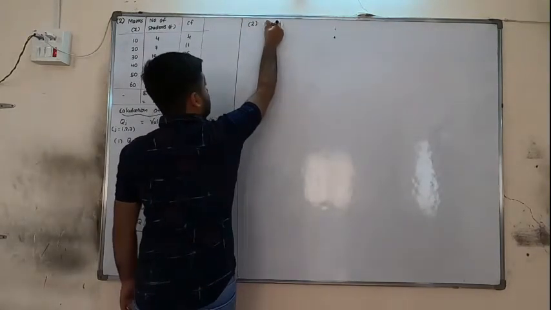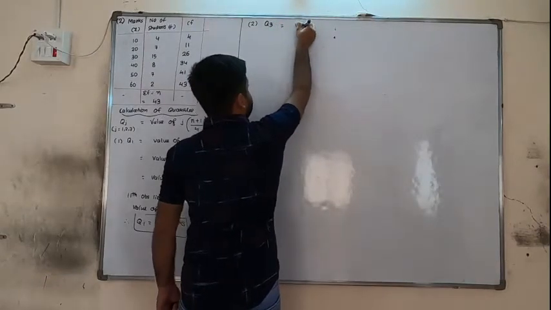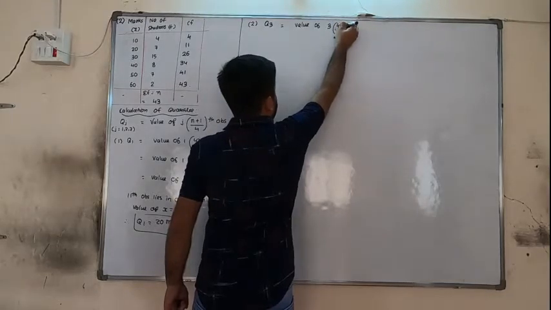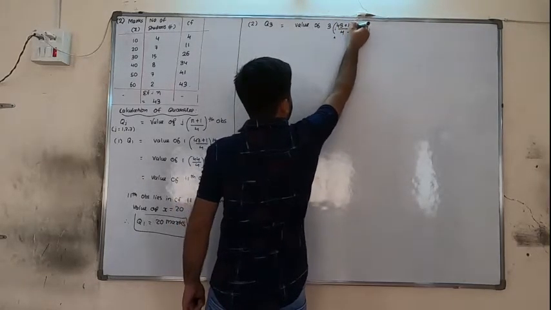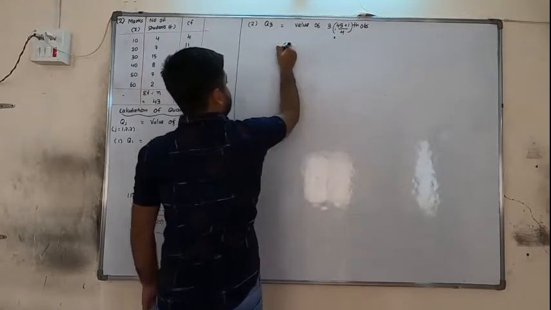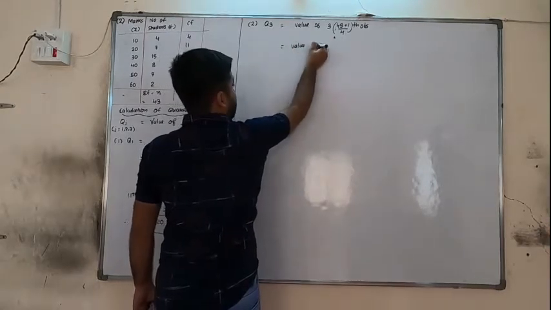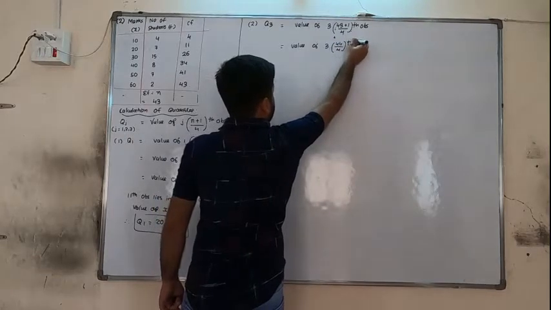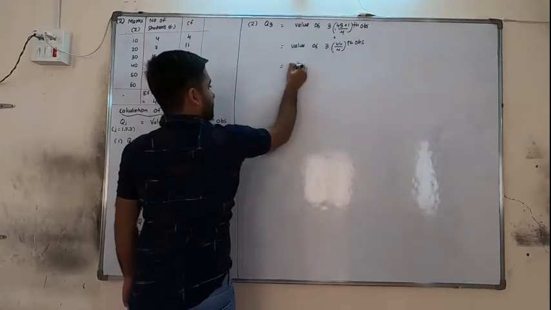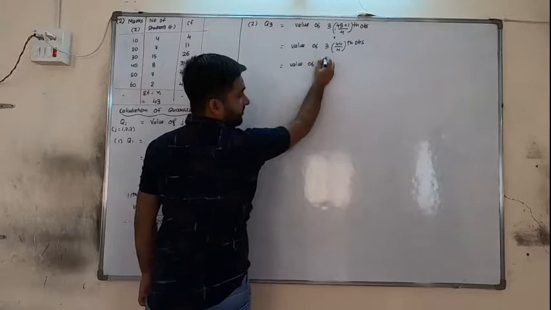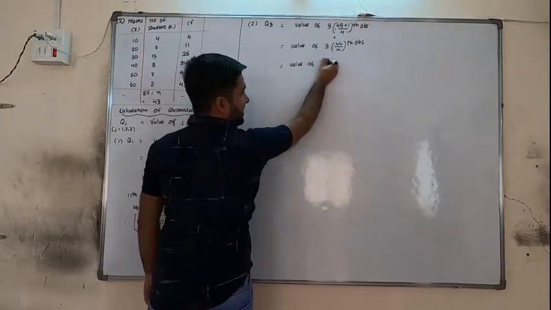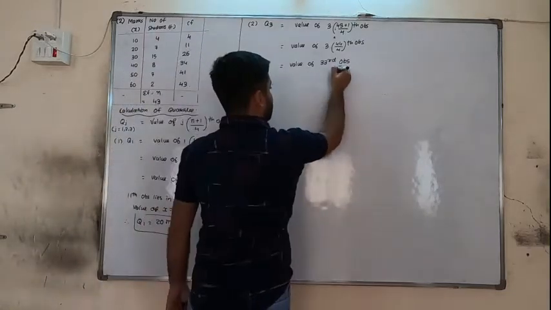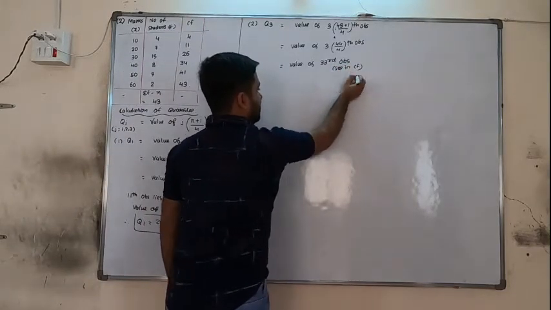Second calculation, Q3 is equal to the value of 3 times (43 plus 1) by 4th observation. The value of 3 times 44 by 4th observation. 44 by 4 is 11, and 11 threes are the 33rd observation. This 33rd observation we will see in CF.